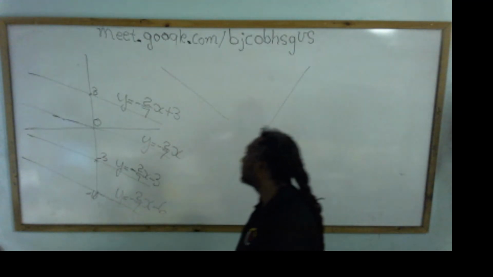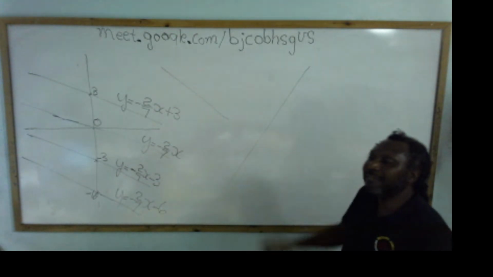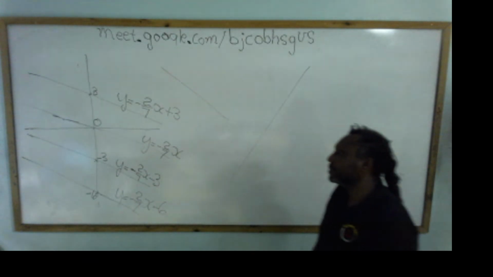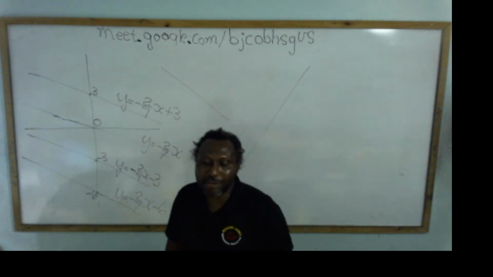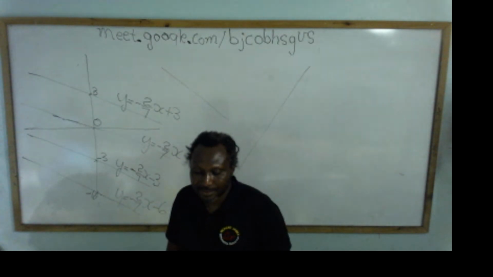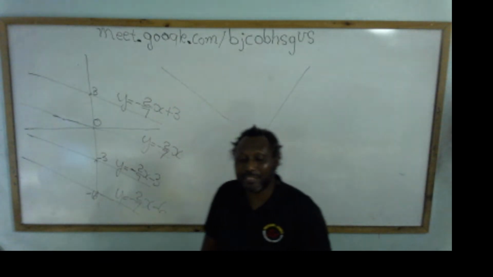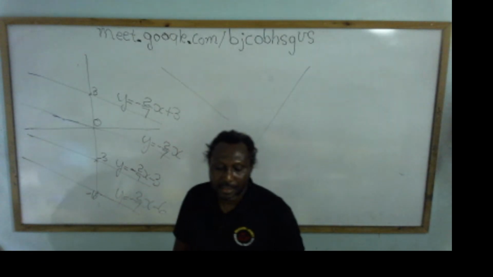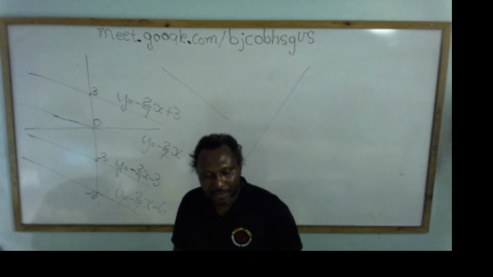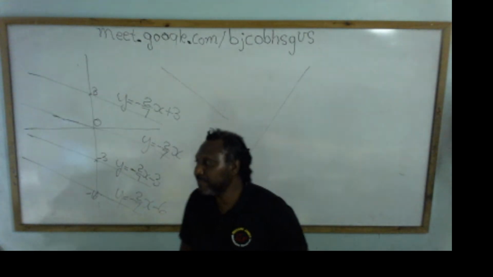Now, conventionally, when you progress from left to right, you are moving in a positive direction. And we should consider a positive movement when we consider how a line slopes.